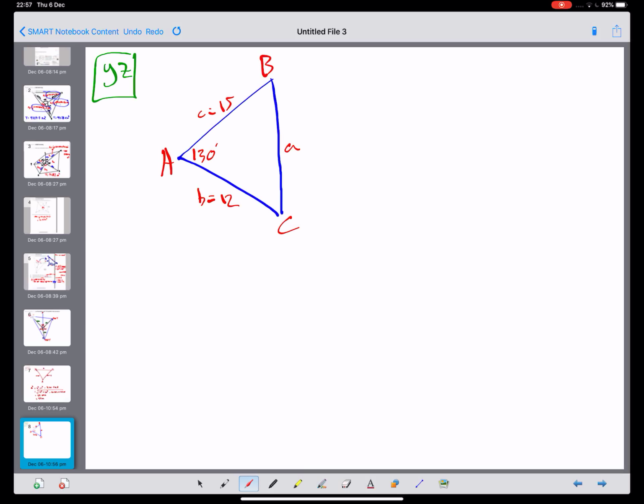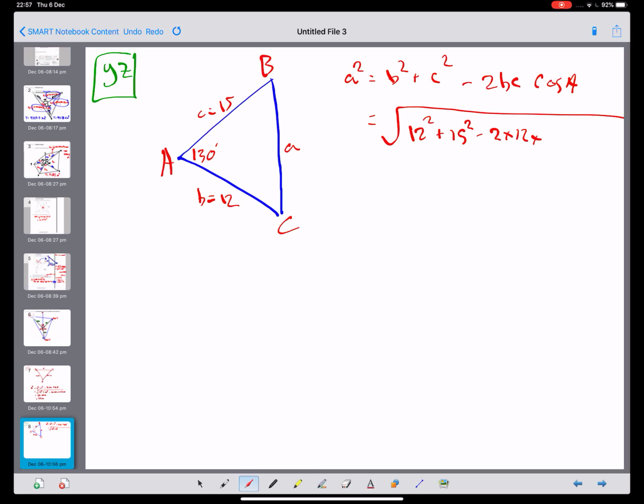So we're going to use the cosine rule. So we're going to get A squared is equal to B squared plus C squared minus 2BC cos of A. Take the square root. 12 squared plus 15 squared minus 2 times 12 times 15 times cos of 130. Okay, so I'm just going to do this straight up. We've got 25 meters to the nearest meter.